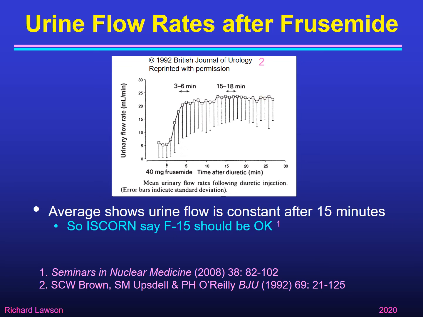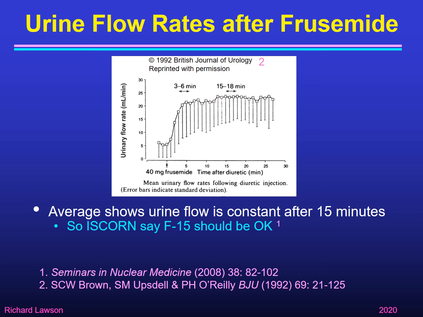So ISCORN used that to say that although you couldn't apply deconvolution immediately after Frusemide, 15 minutes after Frusemide the flow rate had reached a constant value, implying that you could therefore use deconvolution. So the F-15 technique, where you give Frusemide 15 minutes before the start of the renogram, could be used for deconvolution because the flow rate would be constant at 15 minutes after the Frusemide.